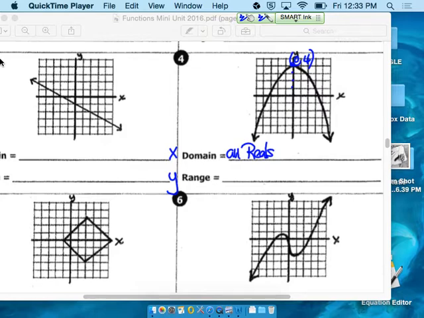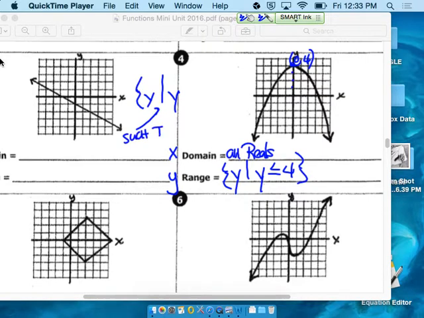So we practiced this in class. I'm going to use the notation y such that y is less than or equal to 4. And this notation with the brace and the line, this line stands for the words such that. And this is universal math notation.